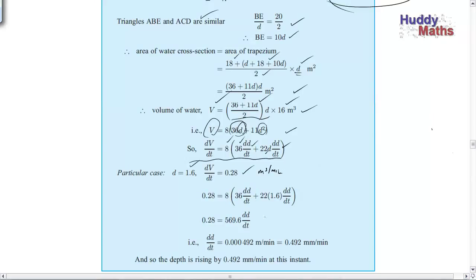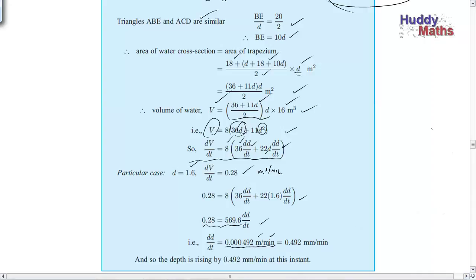So down here we're in metres and minutes. As we substitute in and rearrange, this is in metre cubes and minutes, so metres per minute will be our final answer for dd by dt.